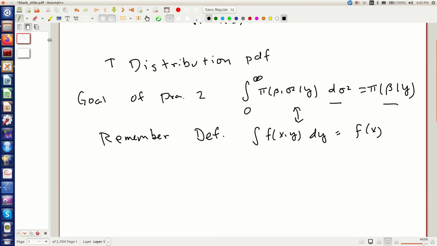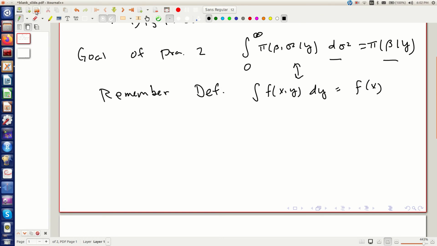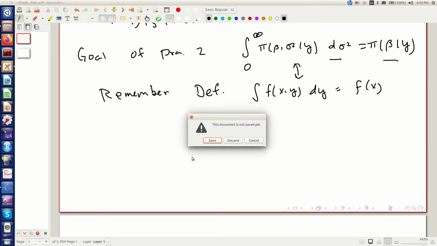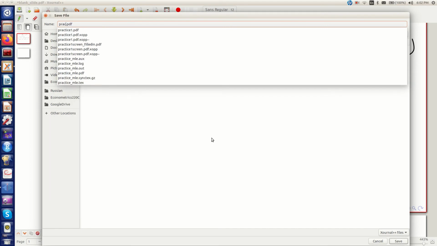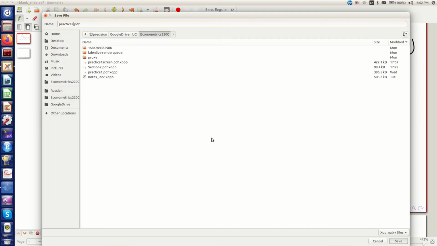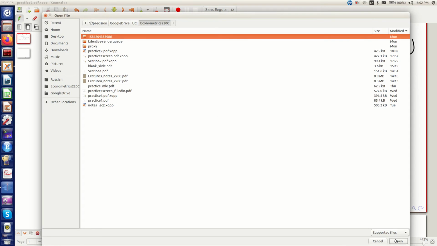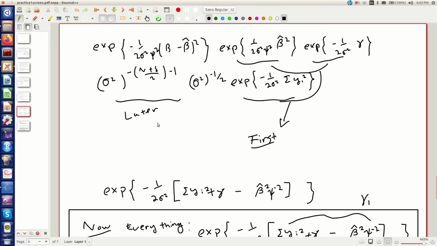I'll have to copy that and bring that over here because I don't want to write it out. So let me save this one. Then I'm going to open this.